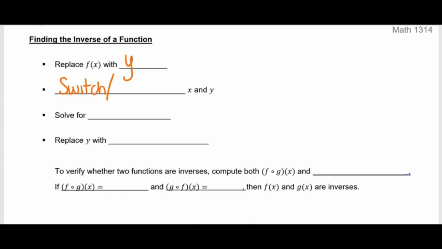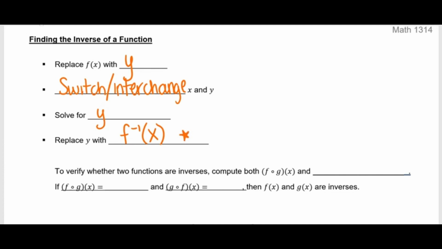You also may hear this called interchange. X and y. You're going to solve your new equation for y and replace y with our inverse notation, f inverse of x. If you do not do this last part, you're not completing the problem.